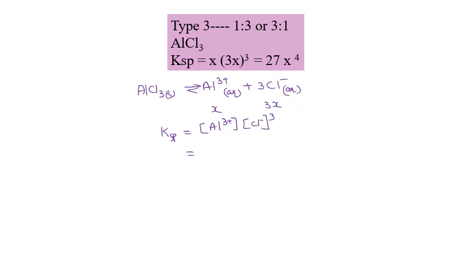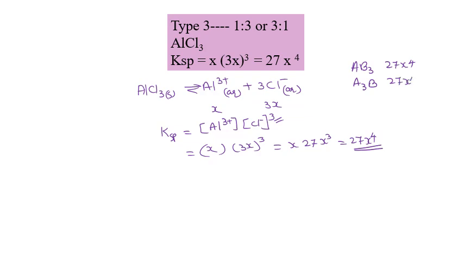We have seen that the cation is x and the anion concentration is 3x, and we have a power 3 here, so we have to write 3 here. That means x times, how much? 3 times 3 times 3, that is 27x cubed. So we have x here now, so 27x to the power 4. You will get the same expression if you have another type, if it is AB3, it's going to be 27x to the power 4, and if it is A3B form in general, we will also have the same Ksp and x relation.